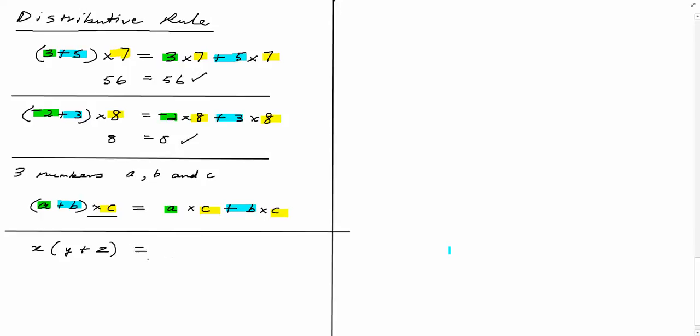So what would you write if that was the form? Sometimes it might be written as a in brackets b plus c, which is slightly different use of the letters. B and c are the two terms inside the bracket instead of a plus b in my version.